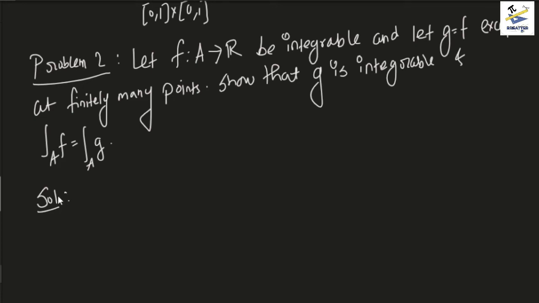So let us begin. We know from the Riemann condition the following things, and we are going to write that. Let me just write down the solution one by one.